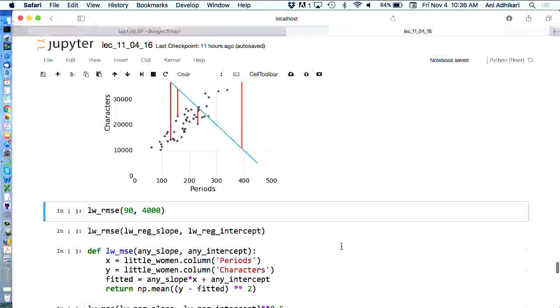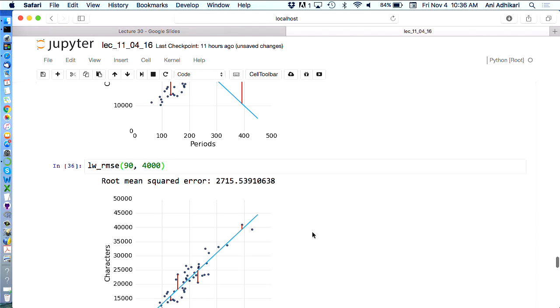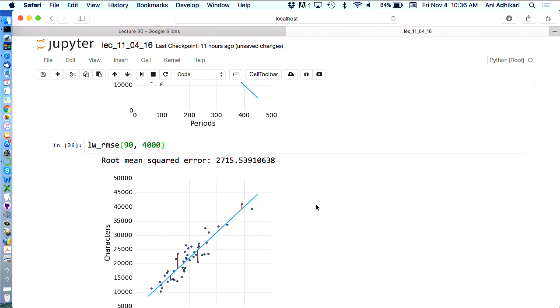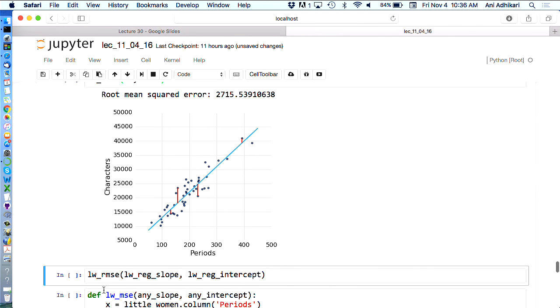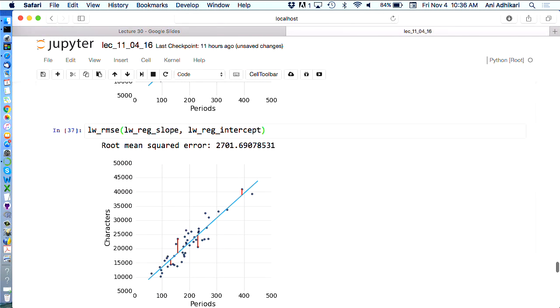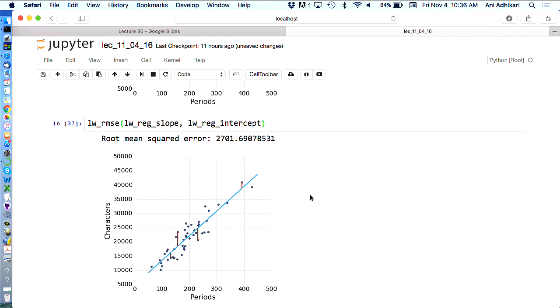If we get a line that is close to the regression line, the root mean square error is about 2715. Here is our regression line, about 2700, and it is true, and I am touched by your belief and faith in me and in the mathematics that you can do your worst.